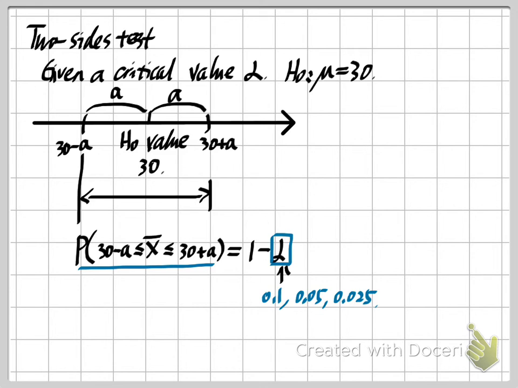So what should we do for a one-side critical region?